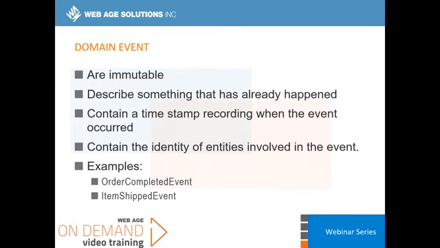So what I would like my domain events to have is not only the date and time that it occurred, but the identity of any entities involved in the event, such as the identity of the entity that generated the event. And so we have the notion of firing and then collecting up an event, and based on that event, taking some kind of action.